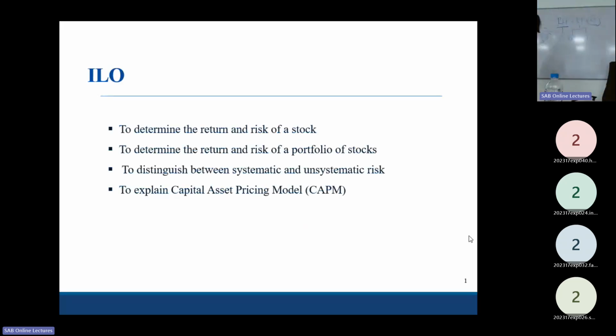At the end of this lesson, you will learn what return is, what risk is, how to determine return and how to determine risk, for the individual investment, the individual asset, and return for the portfolio. Why do investors construct a portfolio rather than investing in one particular investment?